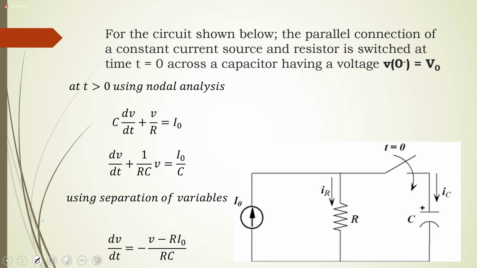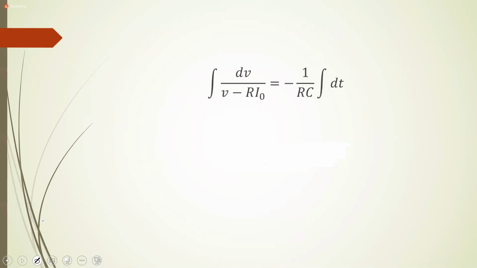So if I integrate, you would have ln(V minus Ri0) is equal to minus t over Rc plus K. Again, for networks, for power systems, unlike math, in order to find K, the boundary conditions, we have to look at what we have for a circuit.